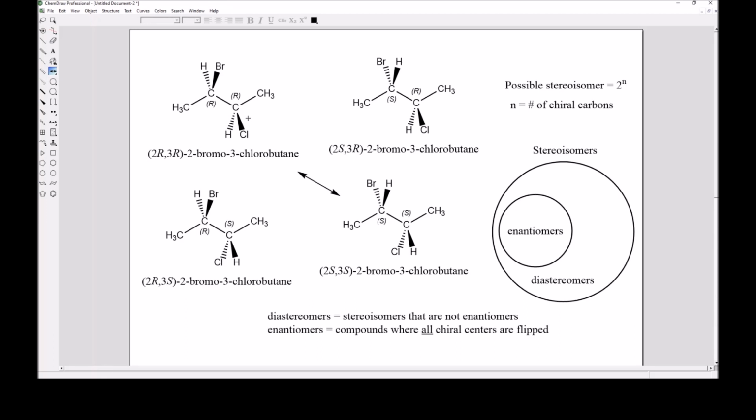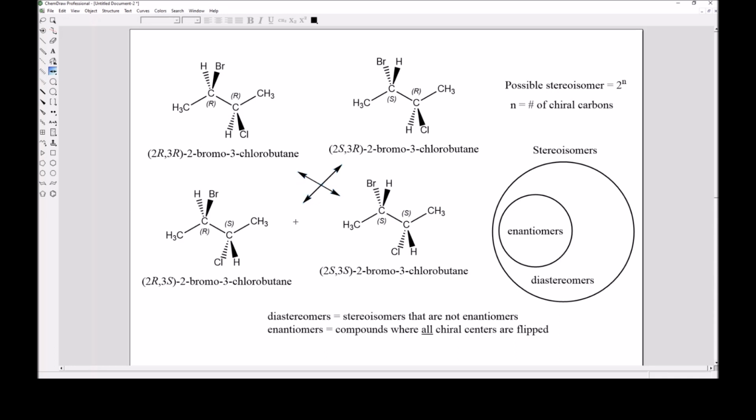Enantiomers always come in pairs, because there's only really one way to flip all of the chiral centers. So this molecule has one enantiomer, and this is the enantiomer. This molecule also has one enantiomer, and this is its enantiomer. It went from being RS to SR, and therefore these molecules are enantiomers of each other.